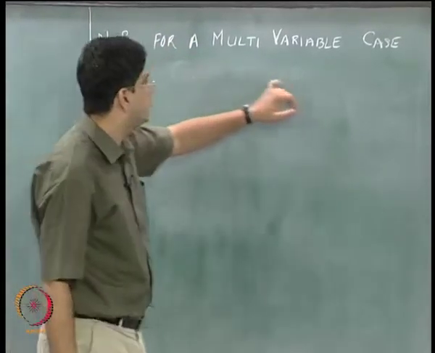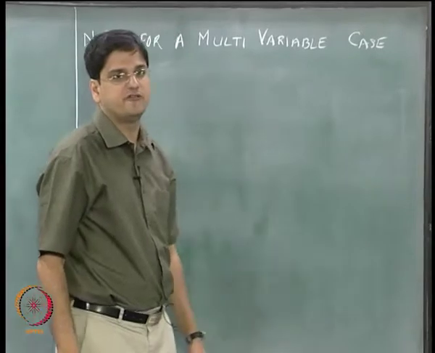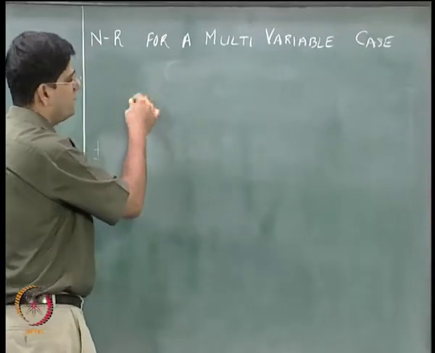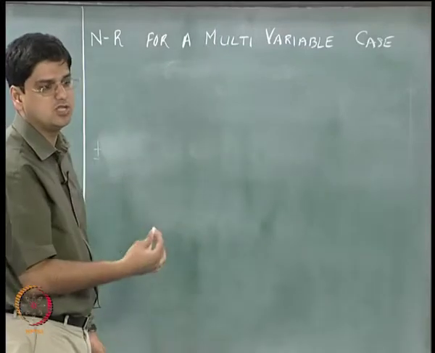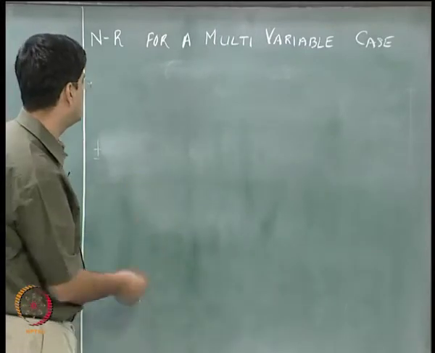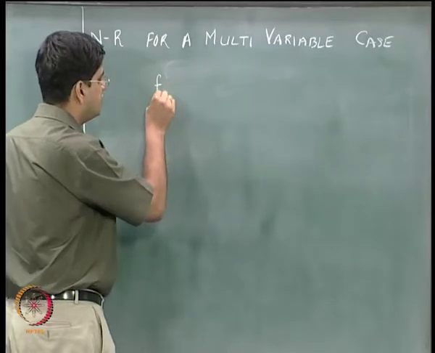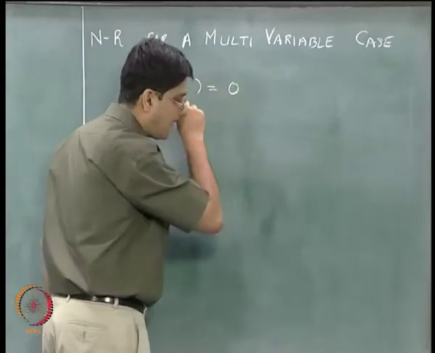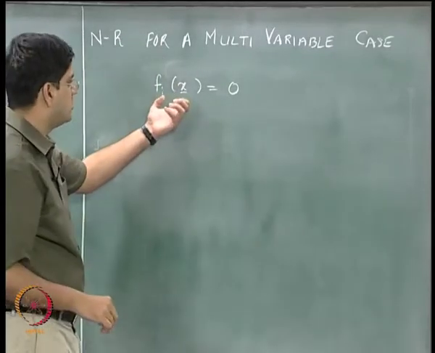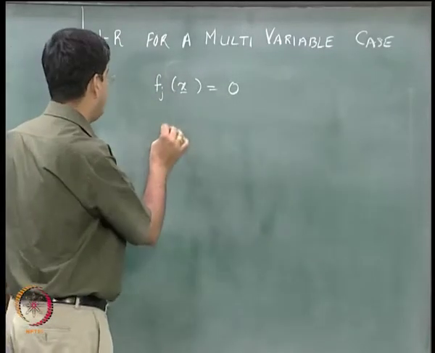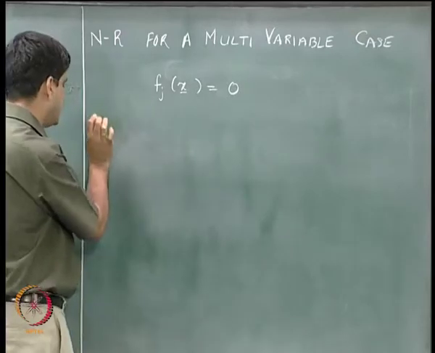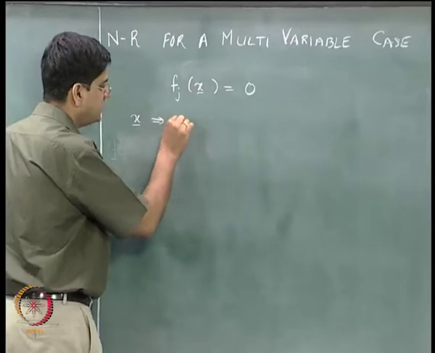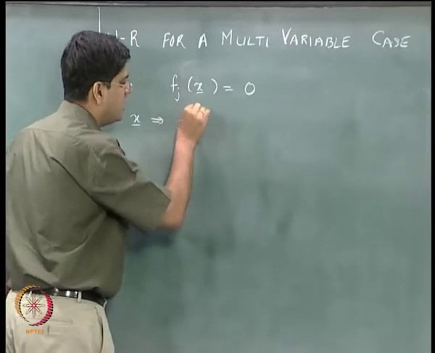Okay, so now we are going to look at the Newton-Raphson's method for a multivariable case. So we have f1 of x bar equal to 0, f2 of x bar equal to 0, and so on. So let us consider any jth function fj of x bar equal to 0, and currently we have the current guess x bar at i.